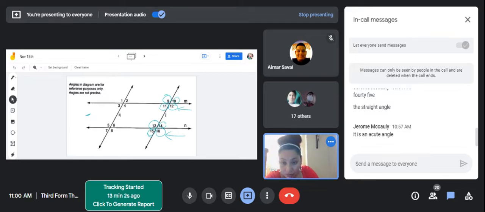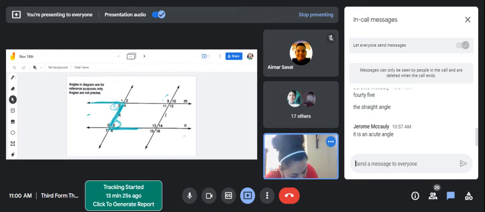Next, when you see the question that we had right now, 3 and 6, see, they form what is called a Z. See, that has a Z. These are what we call alternating angles, and it can be the other way as well.